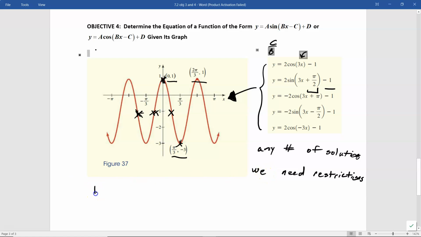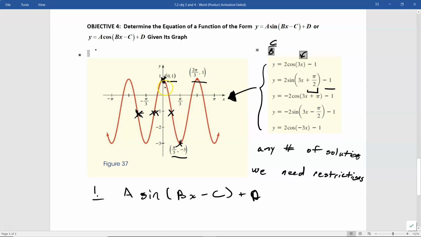So the first thing that you're going to see when you get a problem like this is it's going to have either a cosine or sine function. So it's going to say I want a cosine of (bx minus c) plus d. We want this, right? The second thing that they're going to do is they're only going to show you the first 5 quarter points.